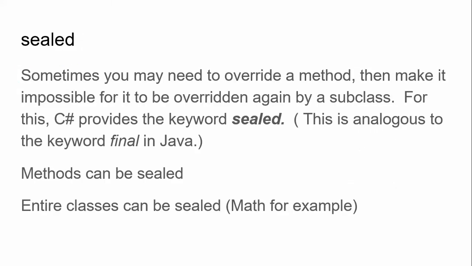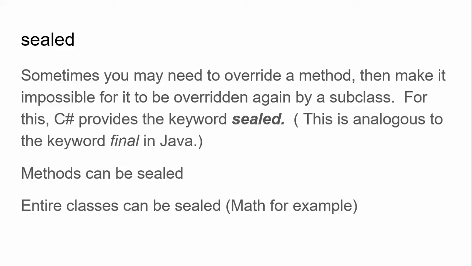If you don't want a class to be derived or subclassed, you can mark that it is sealed. This is the Java keyword final. So imagine the math class. You don't want to redefine the POW function or the square root function or the absolute value function. Those are not things that are subject to interpretation.